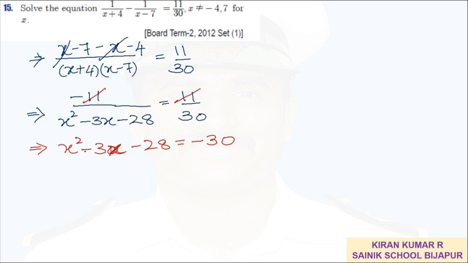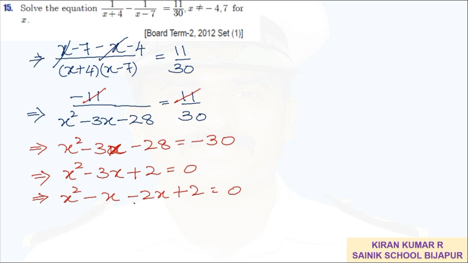Now when you transpose, we will be getting x square minus 3x plus 2 equal to 0. Now the sum has to be minus 3 and the product has to be plus 2. It is possible with minus 1 and minus 2.